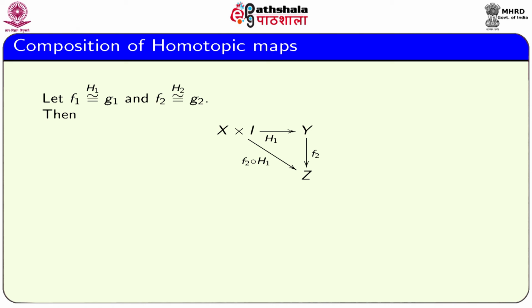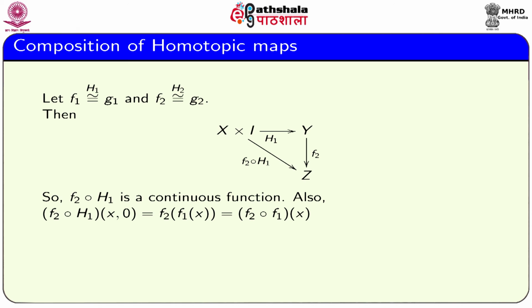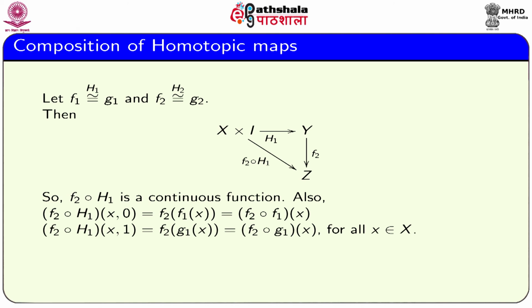H1 is a continuous function from X cross I to Y, f2 is a continuous function from Y to Z. So the composition of two continuous functions is continuous, and thereby f2 composed H1 is continuous from X cross I to Z. Also, if we evaluate f2 composed H1 at the point (x,0), we get f2 composed f1 of x, and if we evaluate it at (x,1), then we get f2 composed g1 of x for all x belonging to X. Hence, f2 composed f1 and f2 composed g1, these two continuous functions are homotopic via the homotopy f2 composed H1.